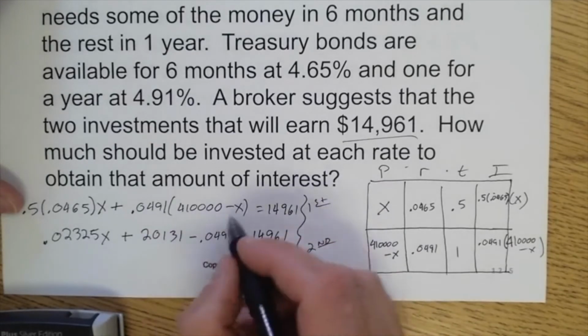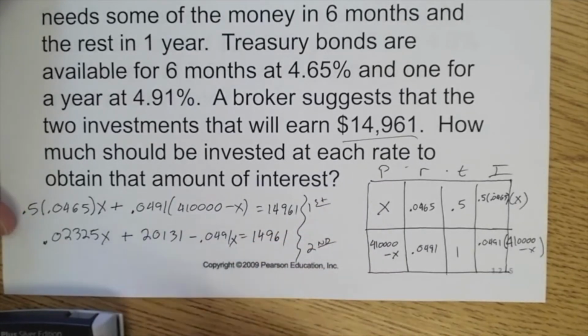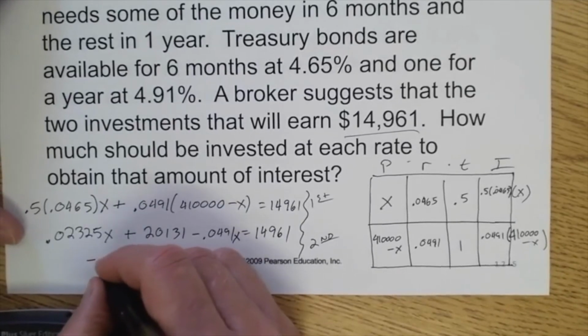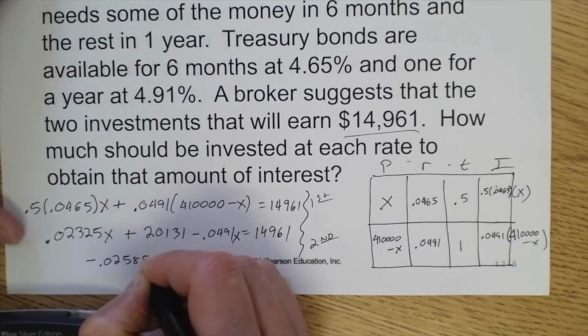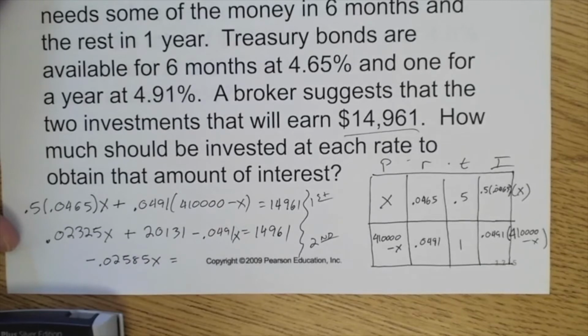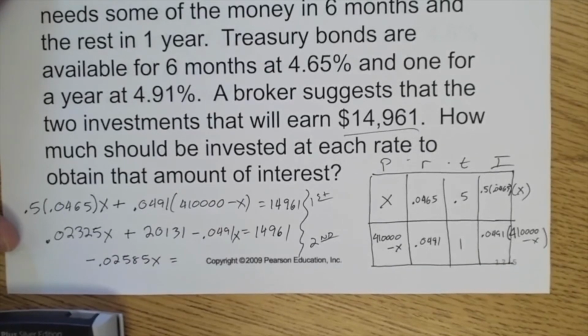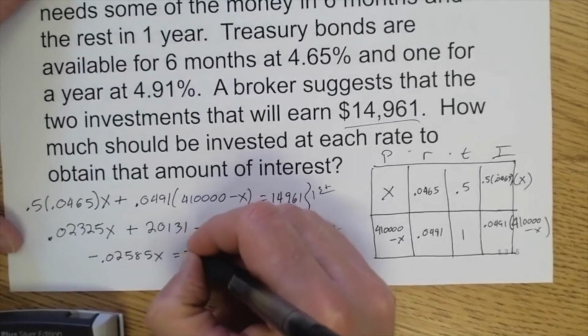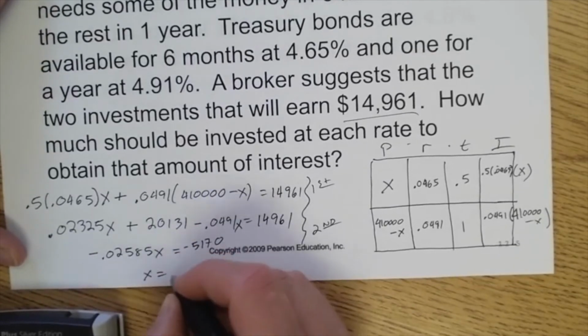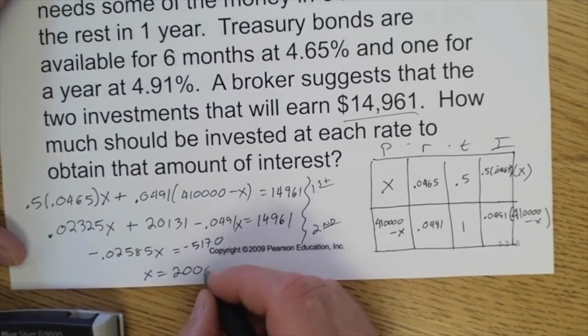Okay, that should be an x right there. So I'm going to combine my x terms. And I'm going to subtract 20,131 from both sides. And then divide by the number in front of x. Which, believe it or not, comes out to be exactly 200,000.